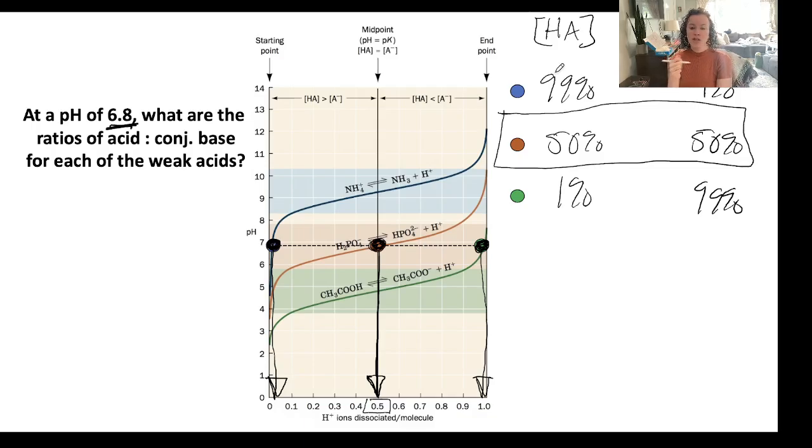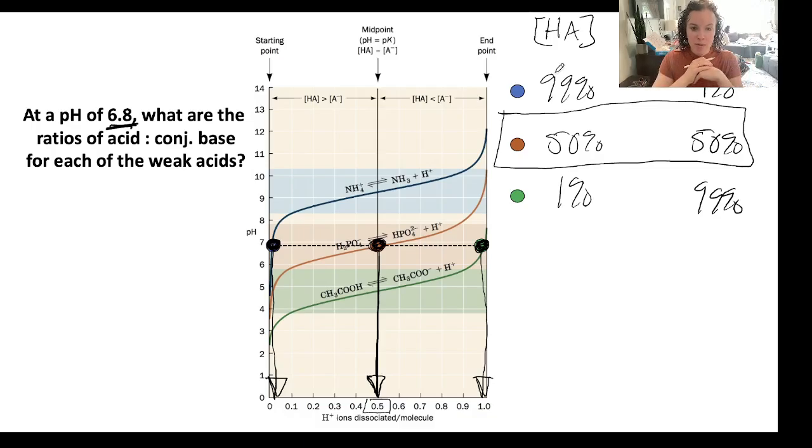So what we should think to ourselves is, why does 50-50 acid and conjugate base mean the same thing as being a good buffer? Buffers are resistant to changes in pH, right? Because we have equal amounts of acid and conjugate base.